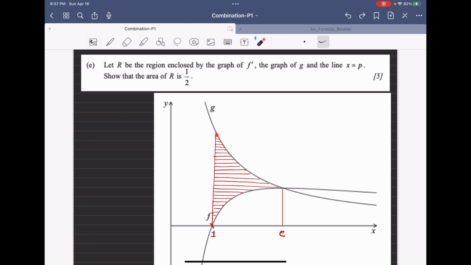So if you'll see, the upper one is g and the lower one is f dash. I want to find out this area. So I will take the integration of g with lower limit 1 and upper limit e. I will get this full area.